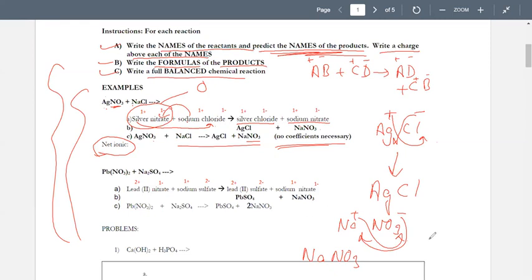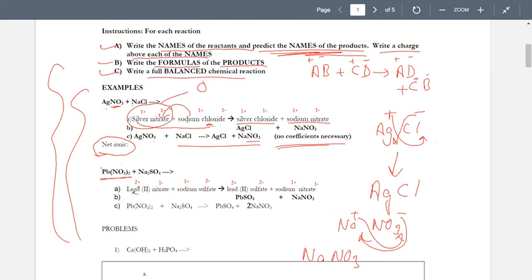There's another example here. If you look at the example, it's the same thing. It says Pb(NO3)2. So you need to find out the charges for this. Write down the charge, right? First, you need to write the name, and then you're going to figure out the product. And the product is always the exchange of the partner.